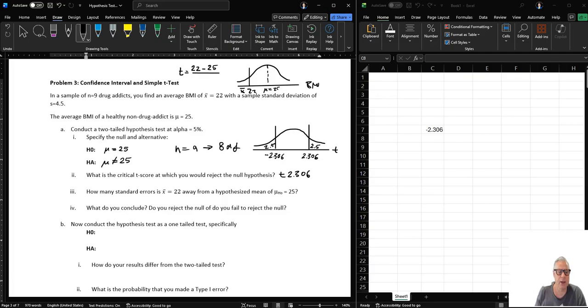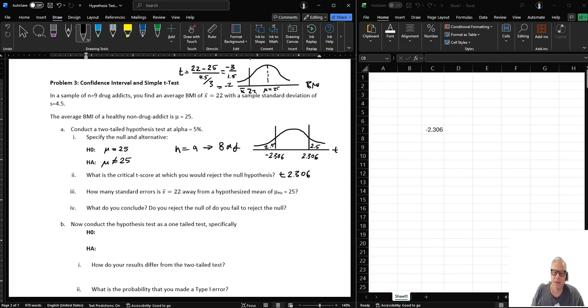The standard error is the sample standard deviation of 4.5 divided by the square root of n, so that's 3. So our test statistic t is negative 3 over 1.5, which is negative 2.